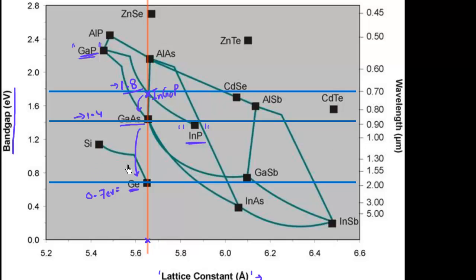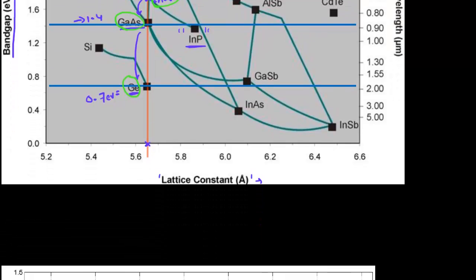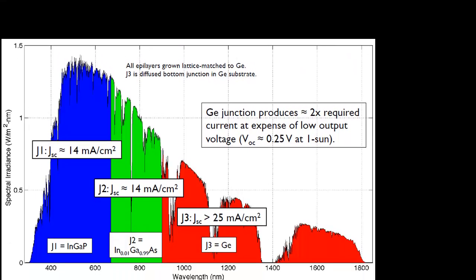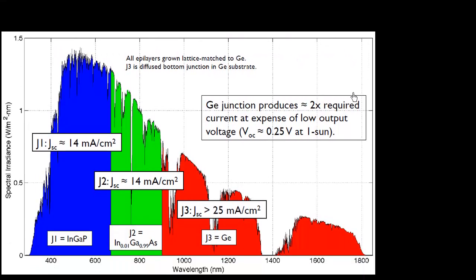So this material system, germanium, gallium arsenide, and indium gallium phosphide, is one of the most commonly used 3-junction solar cells. And if you do end up making a 3-junction solar cell out of it, you can see over here, I have my indium gallium phosphide.